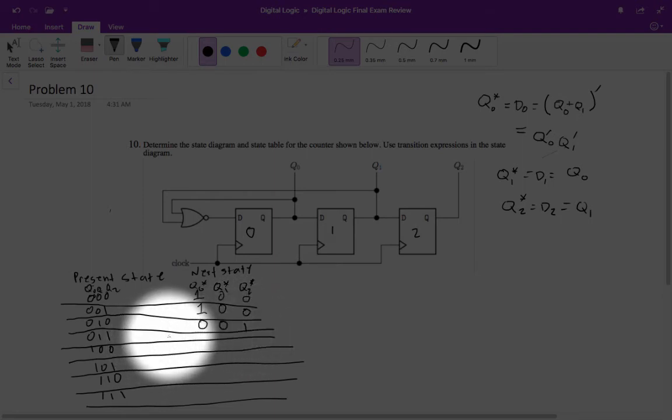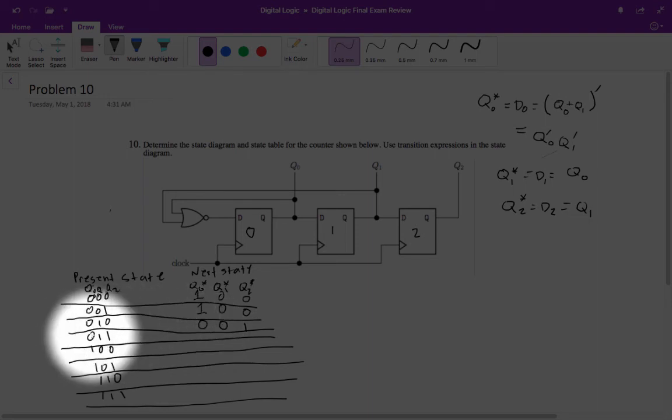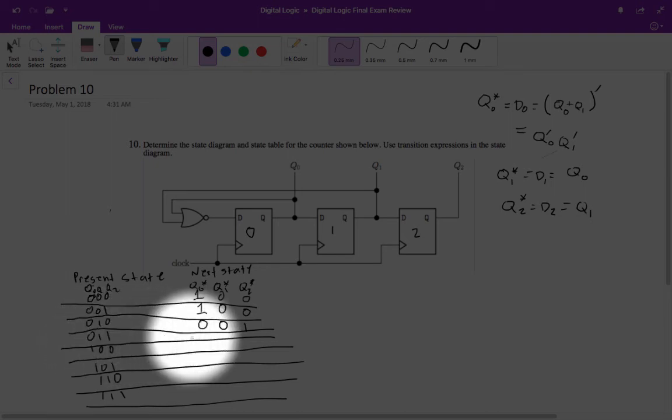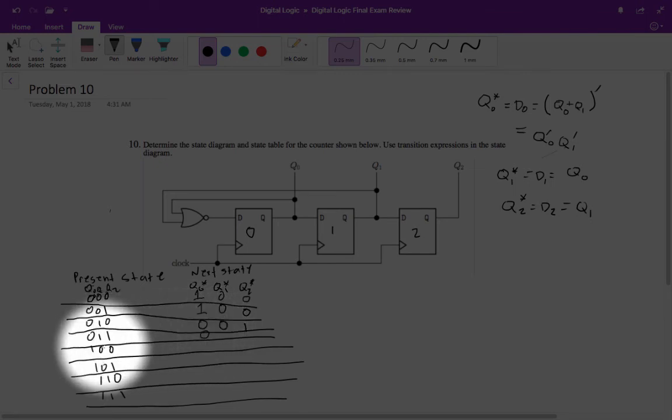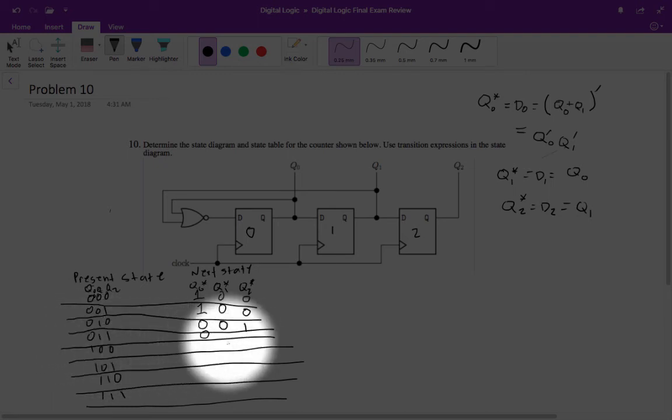Now 0, 1, 1, Q0 star is Q0 prime and Q1 prime. Q0 prime is 1, Q1 prime is 0, 0 and 1 is 0. Q1 star is Q0, so Q1 star becomes 0.